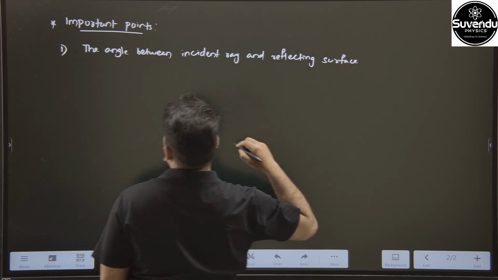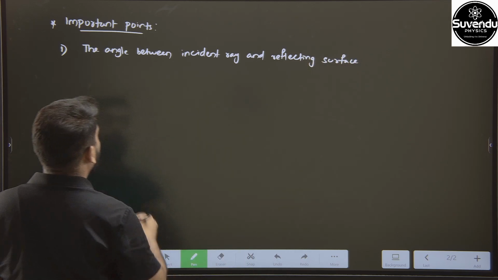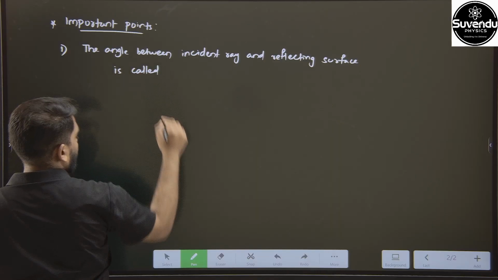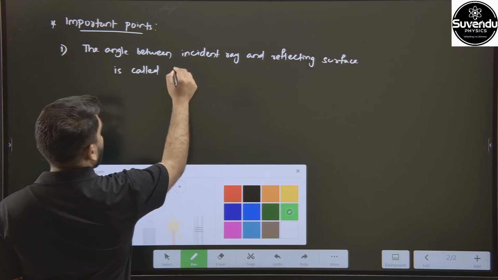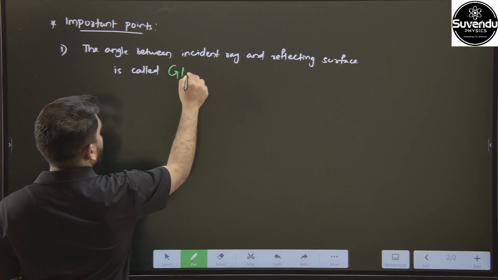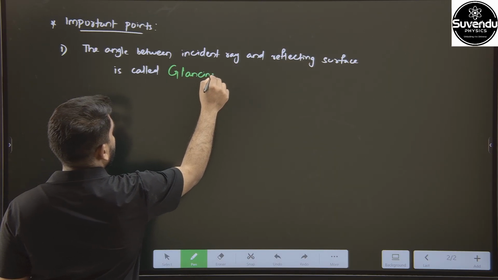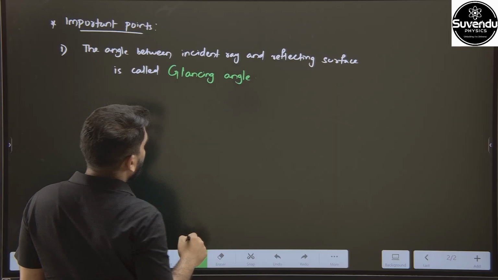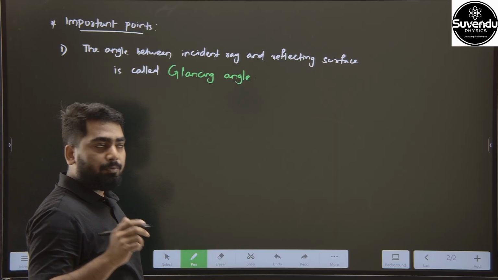What is its name? The angle between the incident ray and the reflecting surface is called glancing angle. That is glancing angle of incidence and glancing angle of reflection.